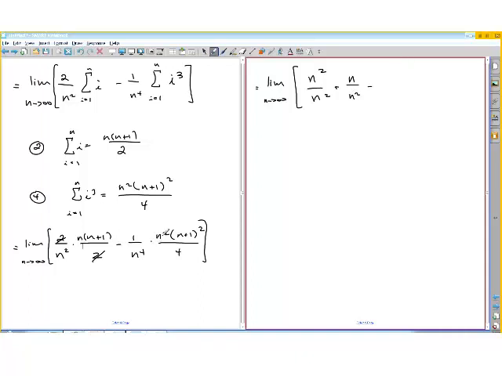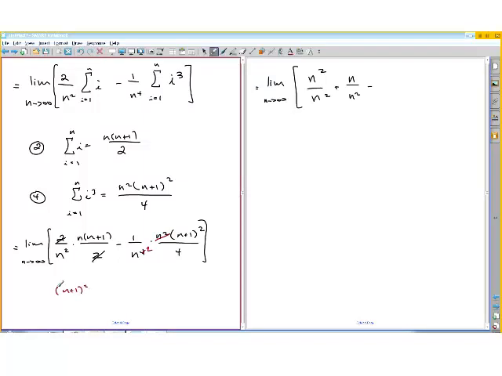And the second part, so let's do this separately. We can cancel that out with the 2 of those, so we get just n squared in the denominator. And if we multiply out n plus 1 squared, that's the same as n plus 1 times n plus 1, which is n squared plus 2n plus 1.